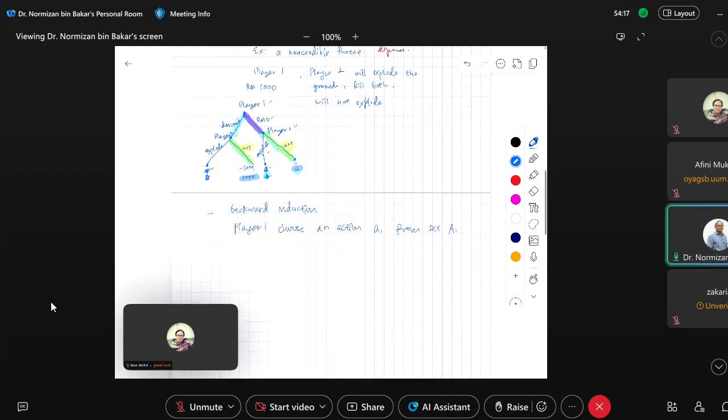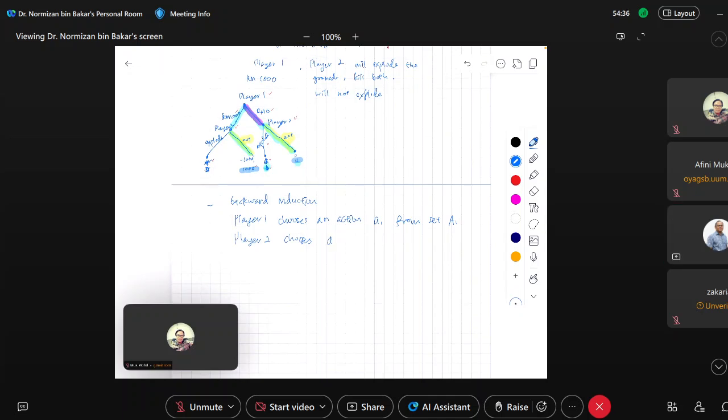Meanwhile, player 2 chooses an action A2 from the set of A2, his strategy set or action set, after observing A1.